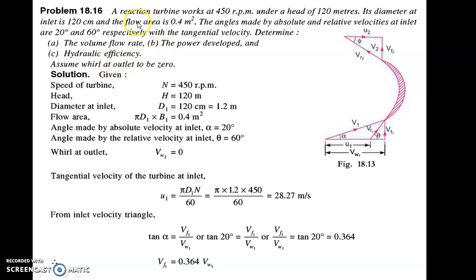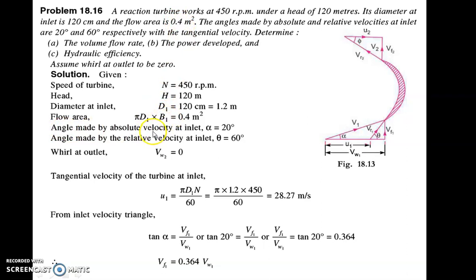Here, first of all, you have to write the given data. RPM is given as 450. Capital H, the head of the turbine, is 120 meter. Reaction turbines are medium head turbines. Diameter at inlet, capital D1, is equal to 120 centimeter or 1.2 meter. The flow area, the circumferential area pi D1 B1, is directly given as 0.4 meter square.